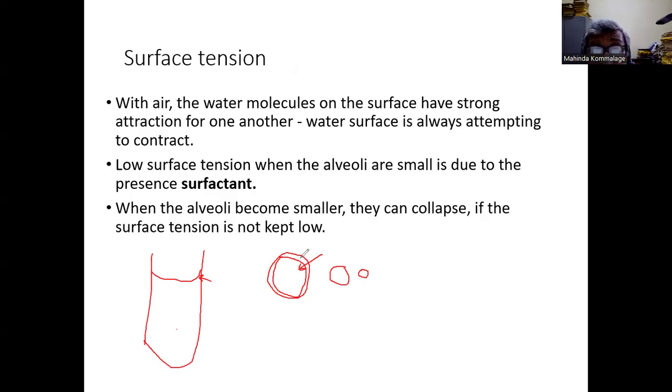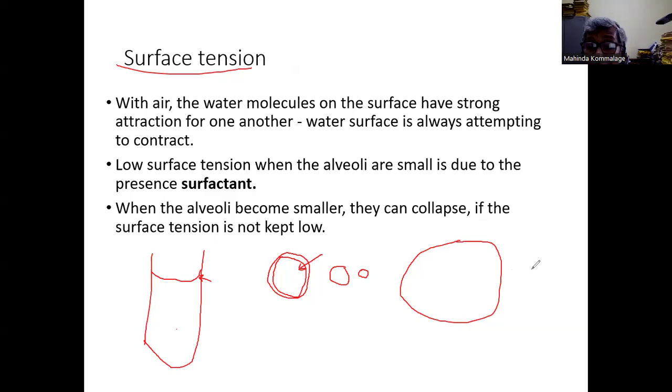Because of this surface tension, when the bubble comes to a very small size, it can collapse, because the water molecules come to attach to each other and collapse. So that is due to surface tension. So in the alveoli also, this will occur.